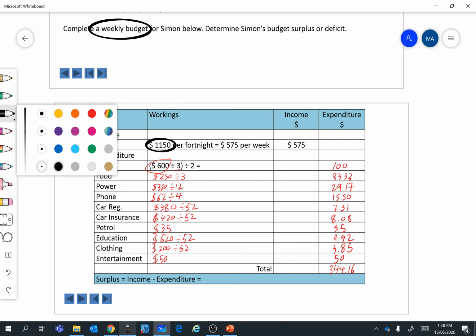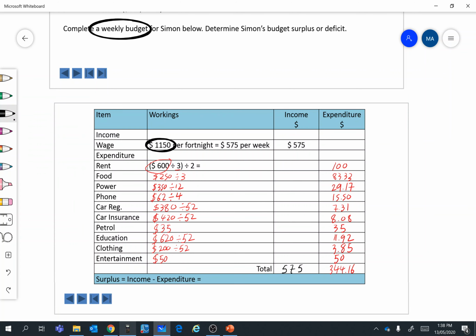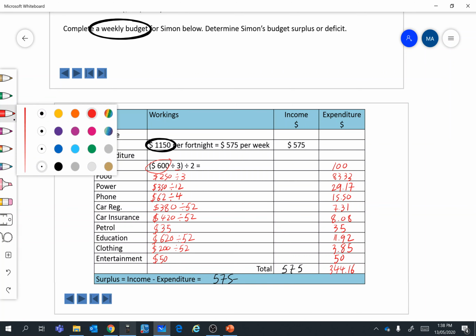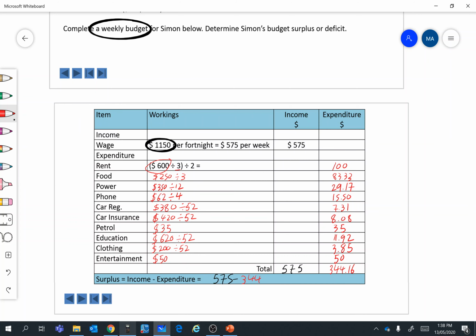The total of his income is 575. So surplus is income minus expenditure. 575 minus expenditure 344.16. So he's spending less than he's making. That's a good thing.